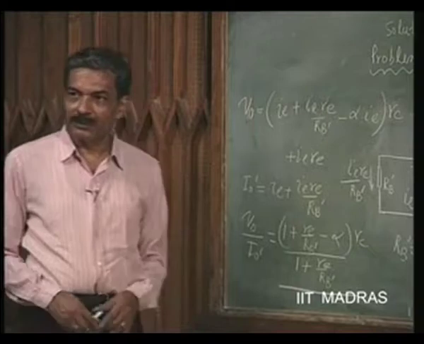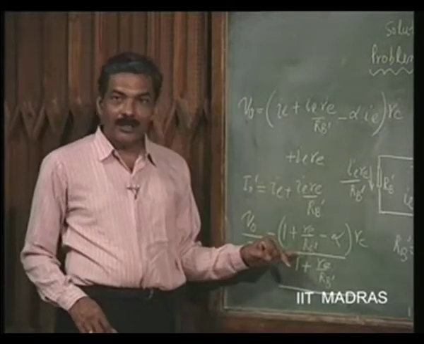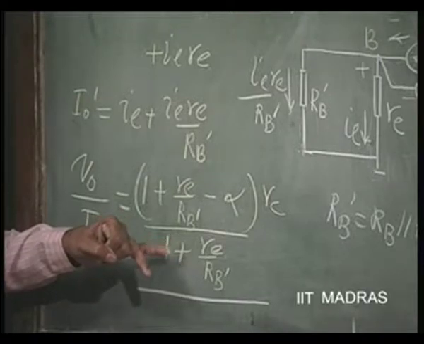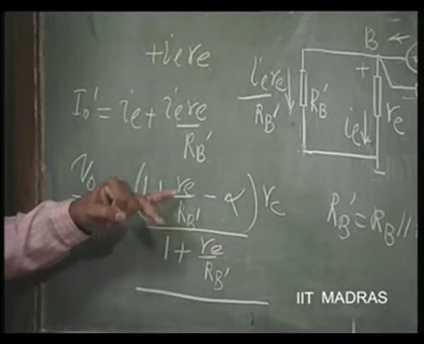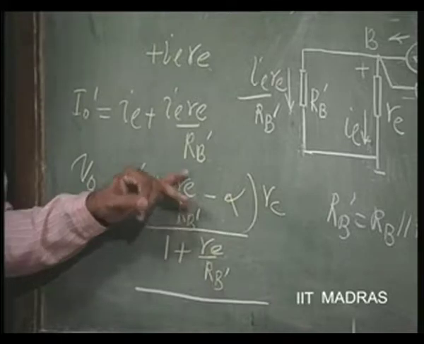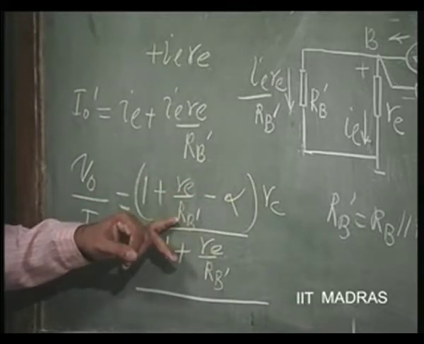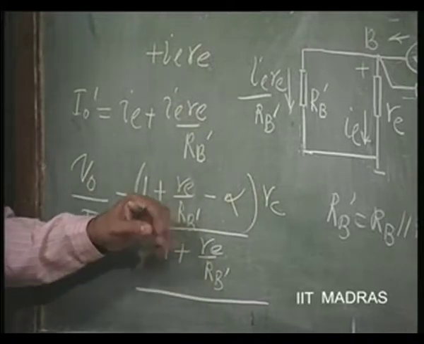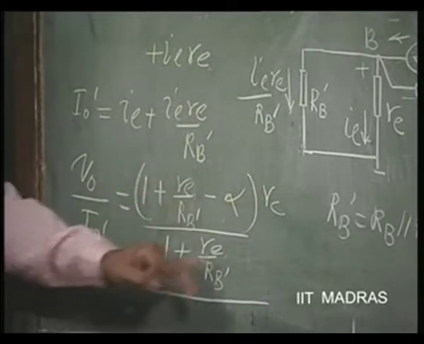This you remember. Now, if R B dash is very large compared to R E, this will go to 0 and this will go to 0.